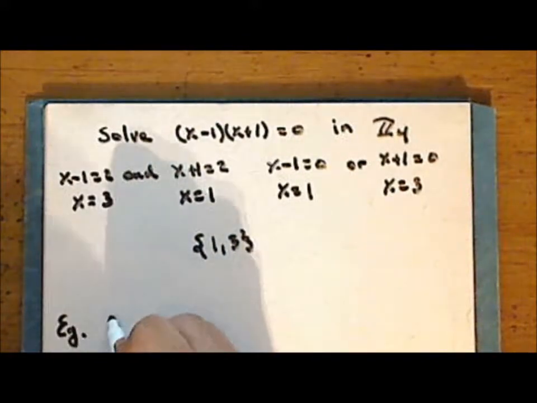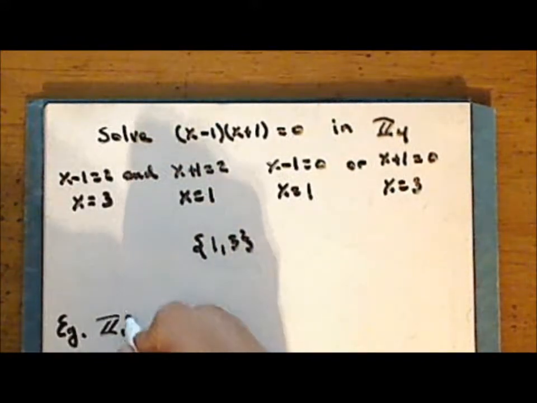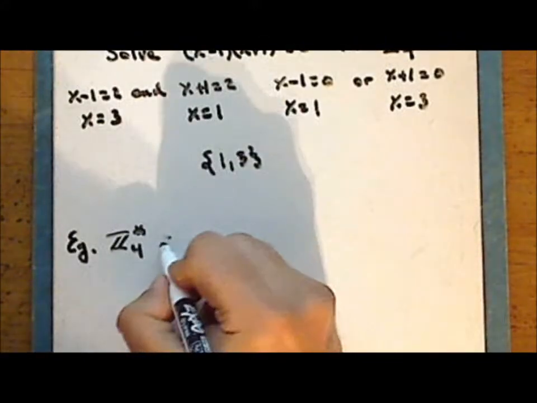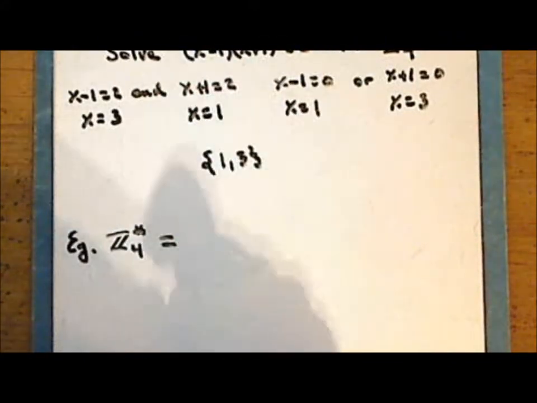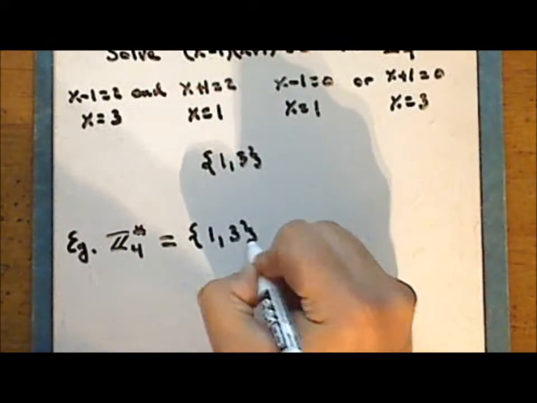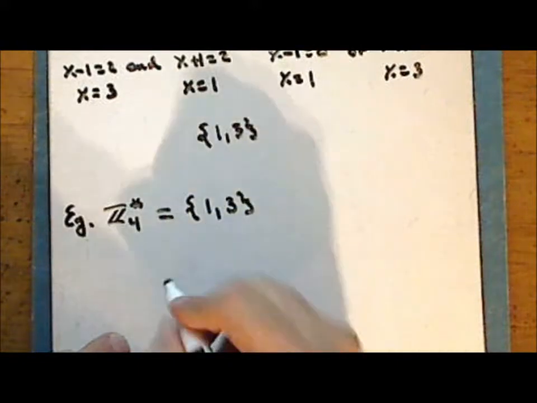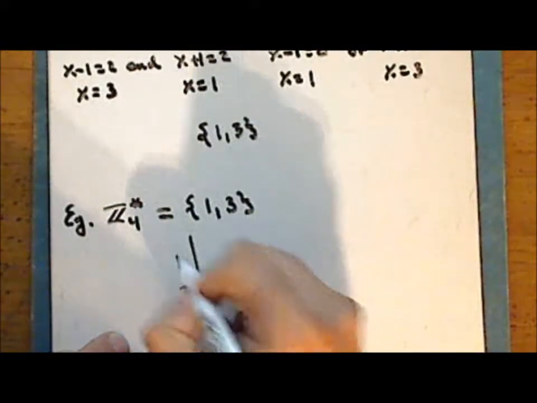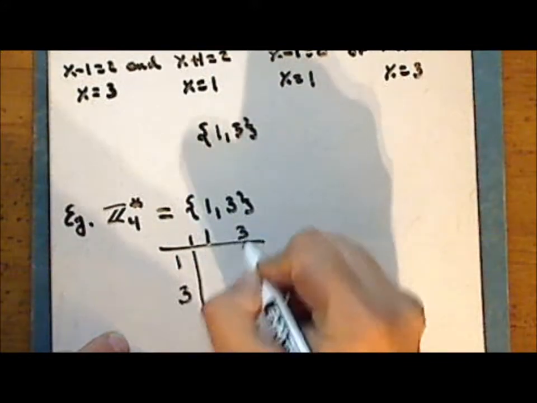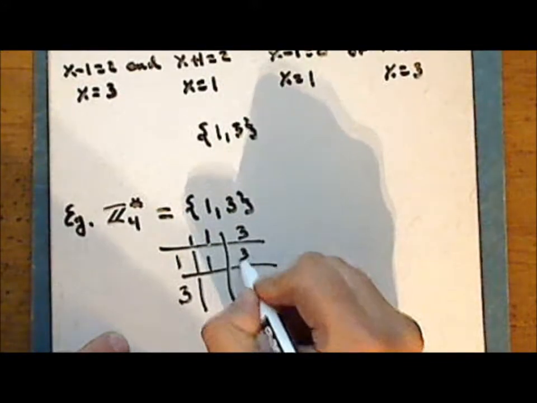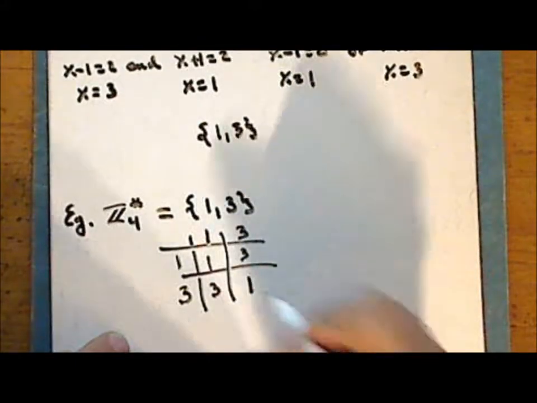So if we now form the deleted set of integers modulo 4, that is the set of those elements in the integers modulo 4 that have inverses, then this is the set which contains 1 and 3. And so if we form the multiplication table, 1 times 1 is 1, 1 times 3 is 3, and 3 times 3 is 1.